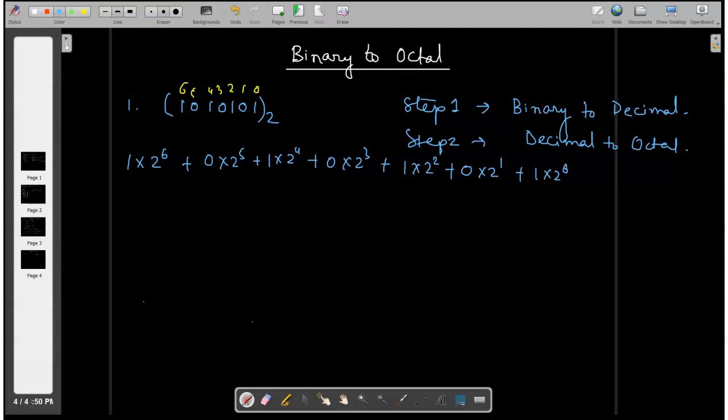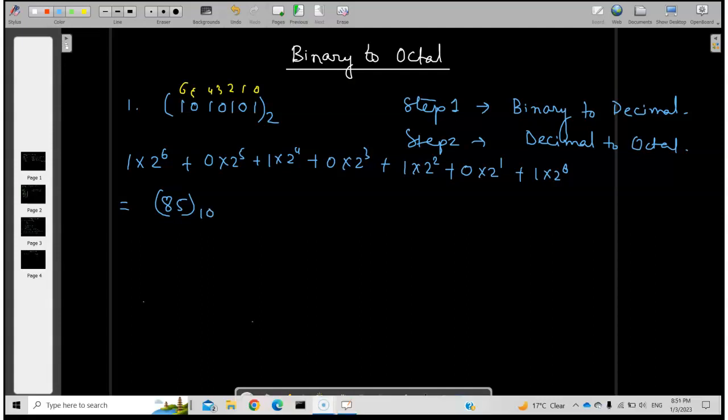If you multiply and add them up, you'll get 85. So this is how you converted a binary number into a decimal number.